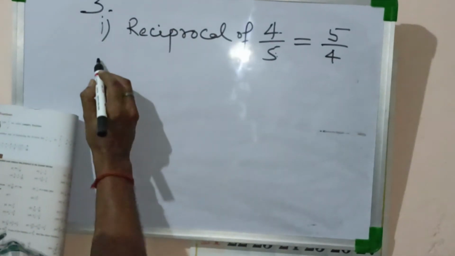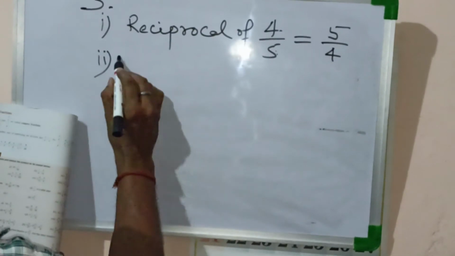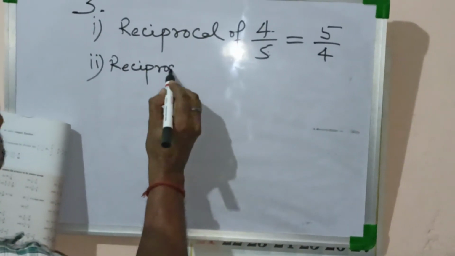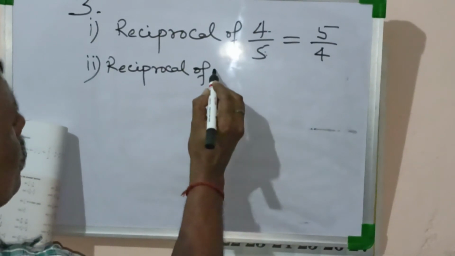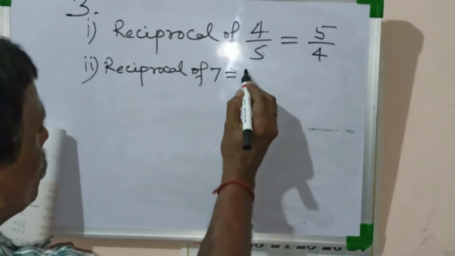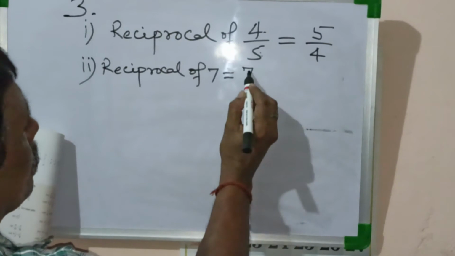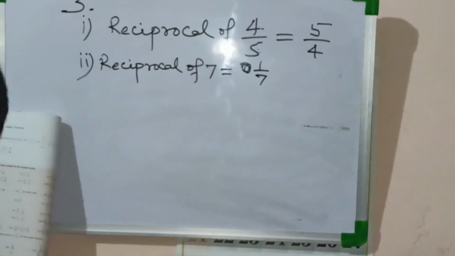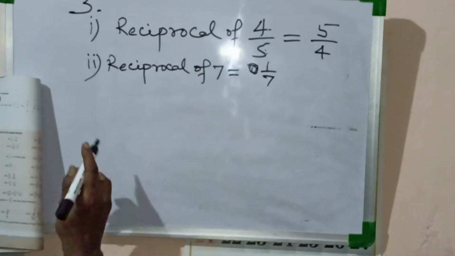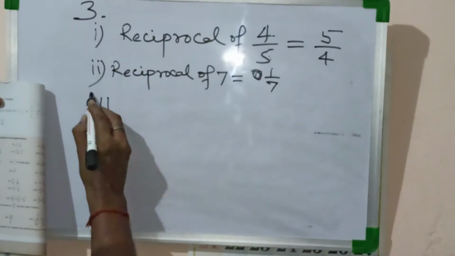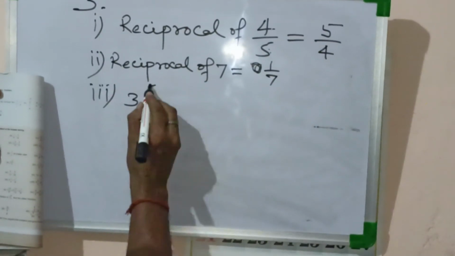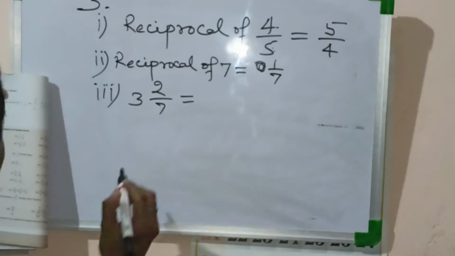Similarly, reciprocal of 7. 7 means 7 by 1. So the reciprocal of 7 will be 1 by 7. Third, you see 3 whole 2 by 7 is given.